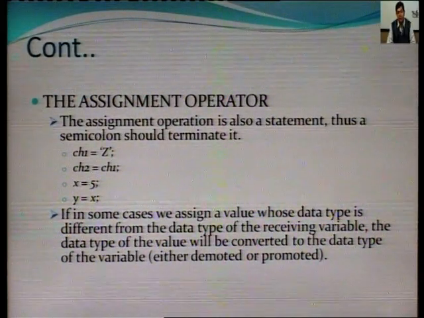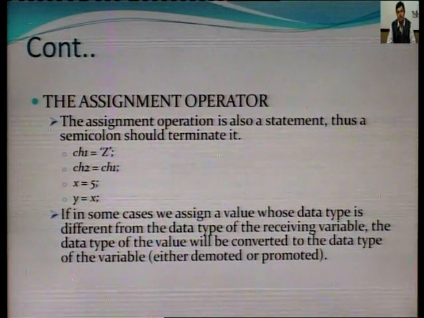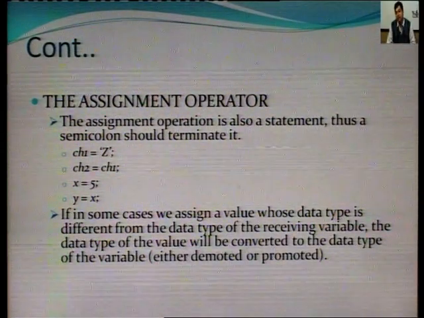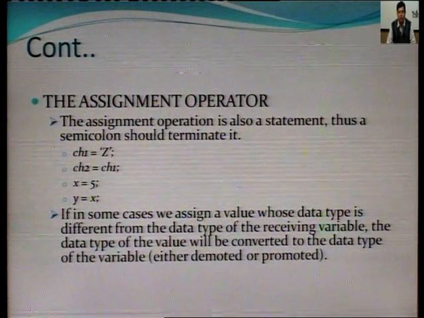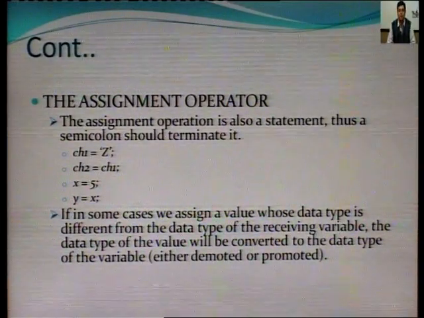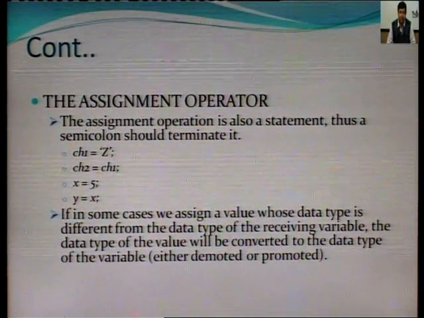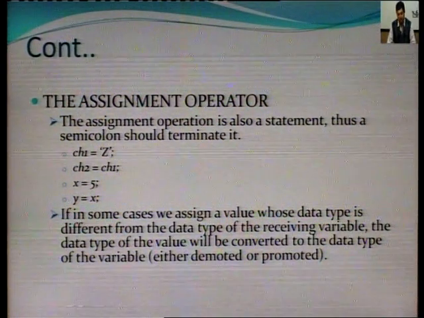Say on the left hand side you're using the assignment operator with an integer, and on the right hand side you are assigning a value which is of float type. A float value cannot be assigned directly to an integer type variable, so the float has to be converted into an integer first, and that value will be assigned to the integer type variable.